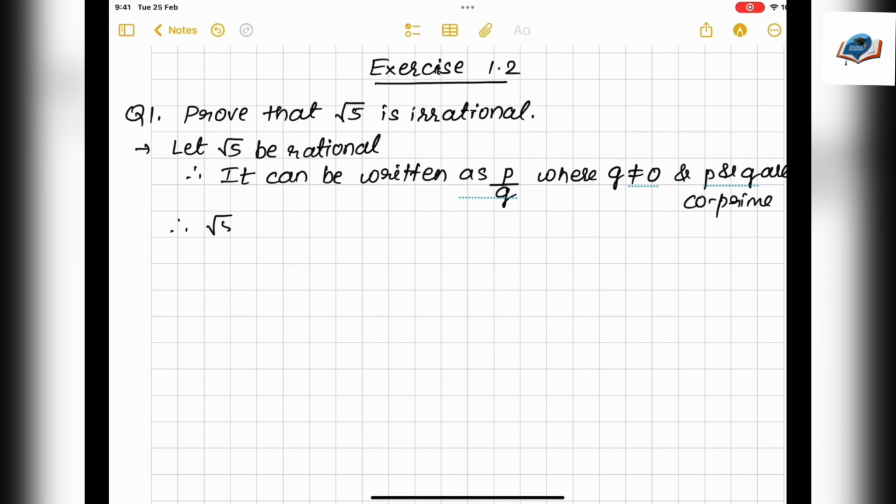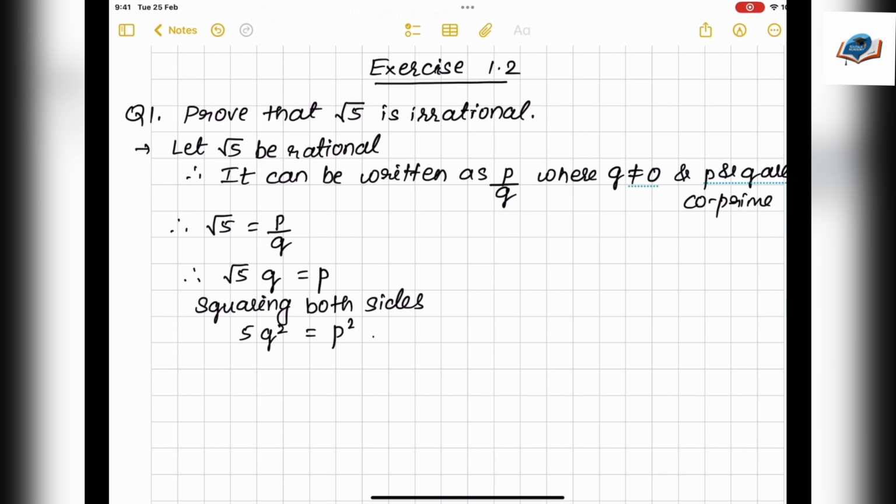Therefore, root 5 equal to P upon Q. So therefore, root 5 Q equal to P. Squaring both sides, 5Q square equal to P square. P square is divisible by 5.